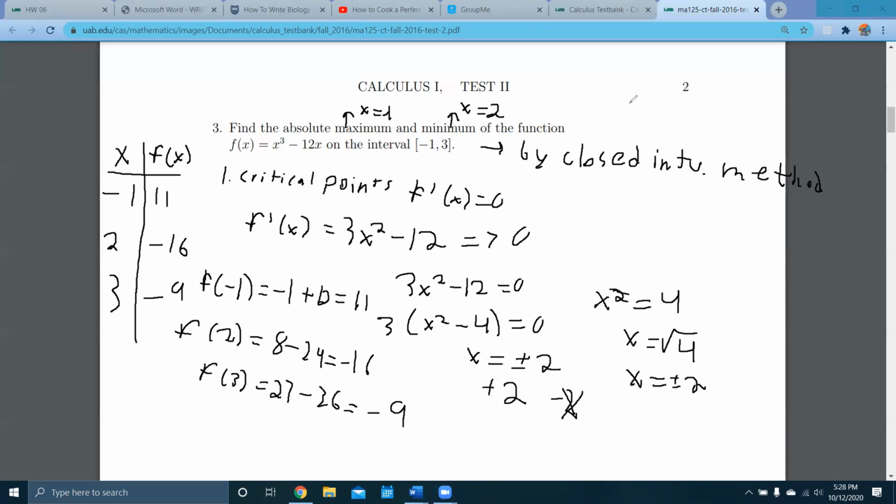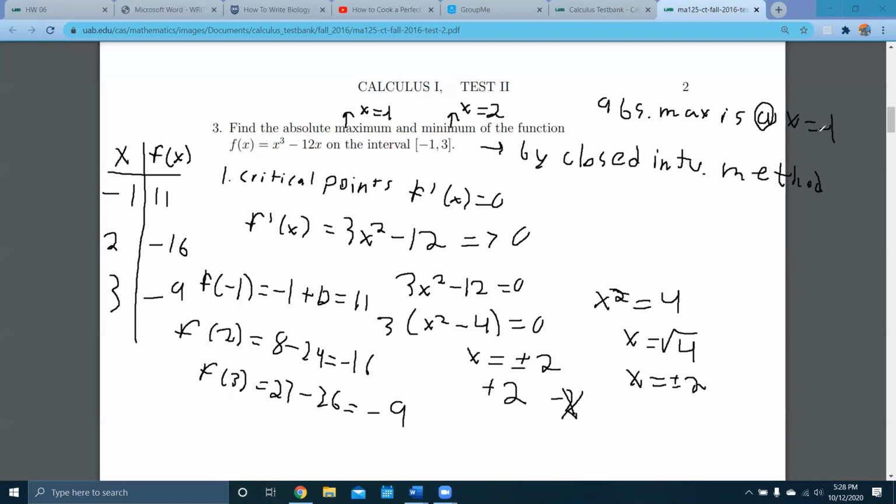The way you can say it is that the absolute max is at x equals -1, and the absolute min is at x equals 2. The actual numbers are the maximum's 11 and the minimum's -16, but I'm just saying that it's at that point of x.